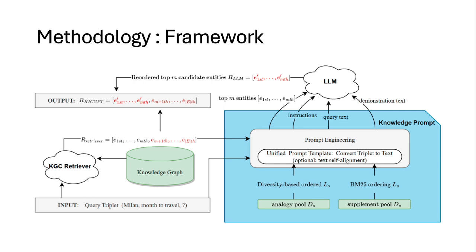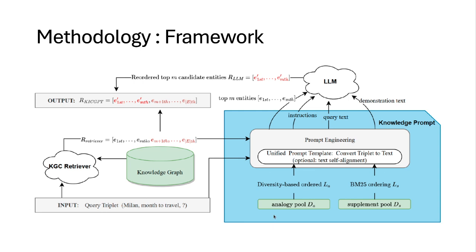Here the large language model helps to refine the candidate list, and the knowledge prompt helps the large language model refine this list more accurately. The knowledge prompt is built from two example pools: one is the analogy pool, another is the supplement pool. The analogy pool helps guide the LLM about the relational meaning, like what the query is.